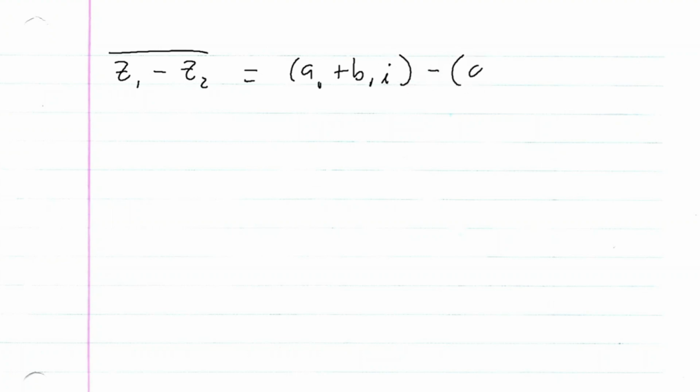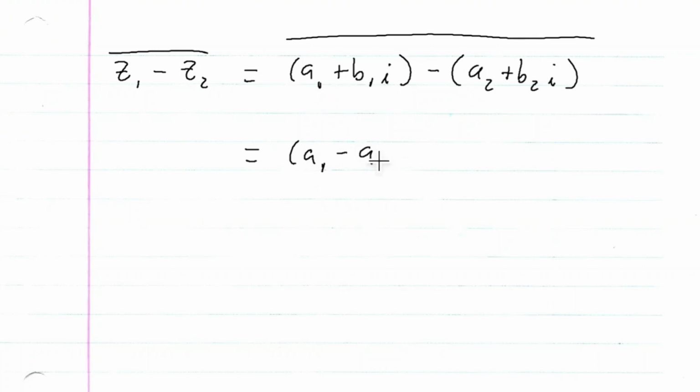So let's look at the conjugate of z1 minus z2. So this is going to be equal to, so z1 is a1 plus b1i minus a2 plus b2i, the conjugate of that. This is equal to a1 minus a2, right? And then this will be plus b1 minus b2 times i, right?